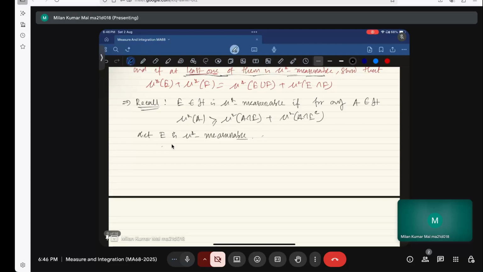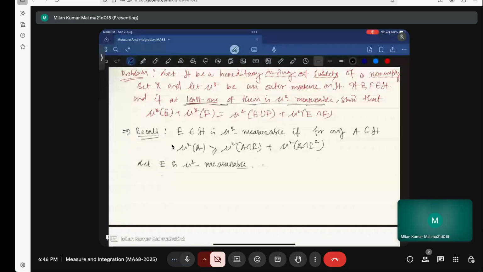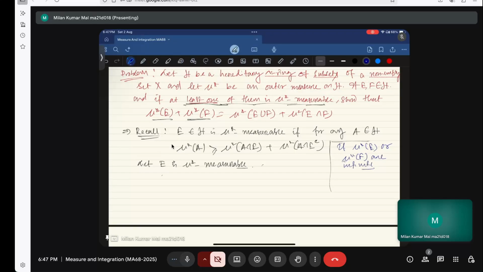I will dispose of one case first: if mu star E or mu star F is infinite, then the equality holds and there is nothing to prove.